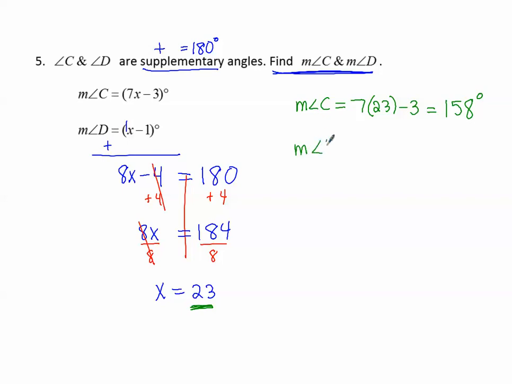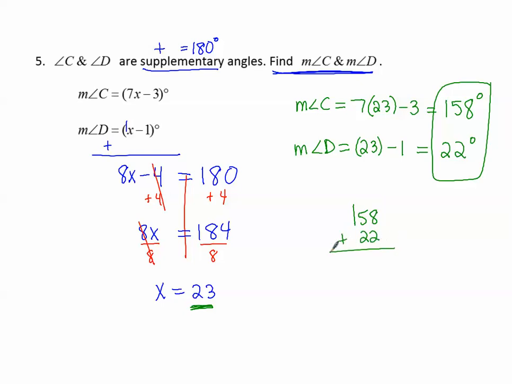The measure of angle D equals, so again, substituting 23 where the x is, 23 minus 1 equals 22 degrees. Here are the measures of angles C and D. We can do a quick check. Does 158 plus 22 add up to 180? Yes, it does. So we have found the correct measures for these supplementary angles.